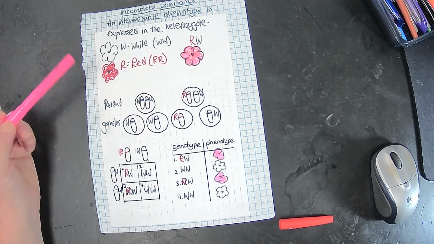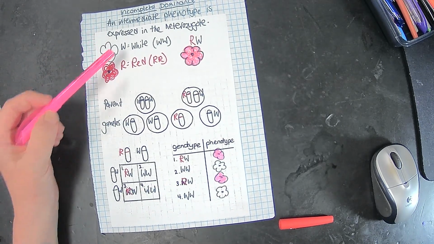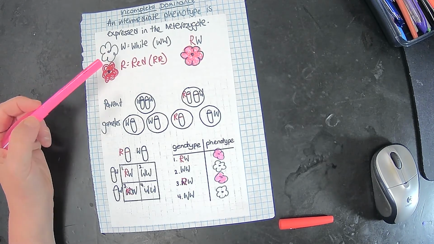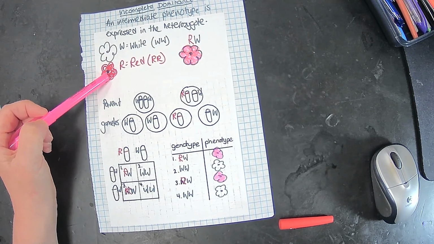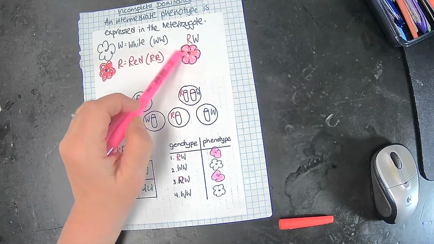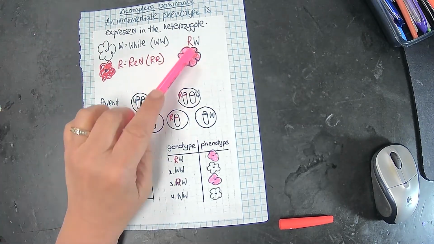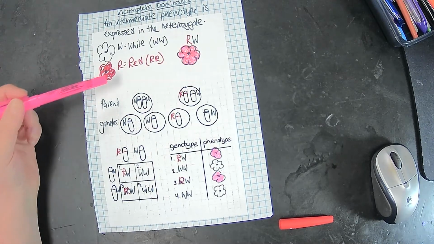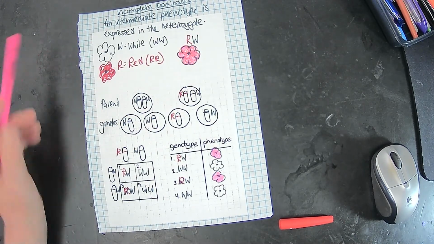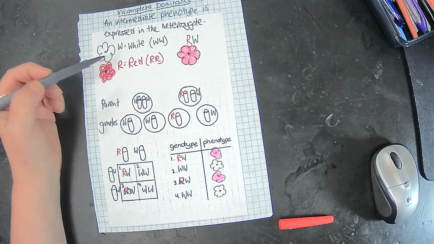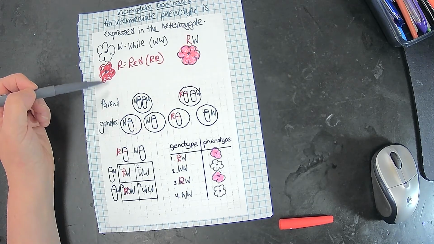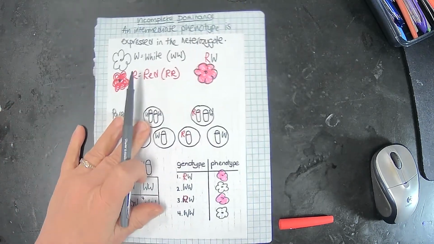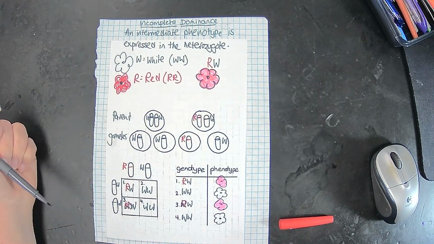Well, it's really interesting because now I have a lot of white flowers, not so many red flowers, but I also have a whole bunch of pink flowers, even though I never started off with pink flowers. And that's because this particular plant, which is called cypress vine, has incomplete dominance when we're talking about flower color.